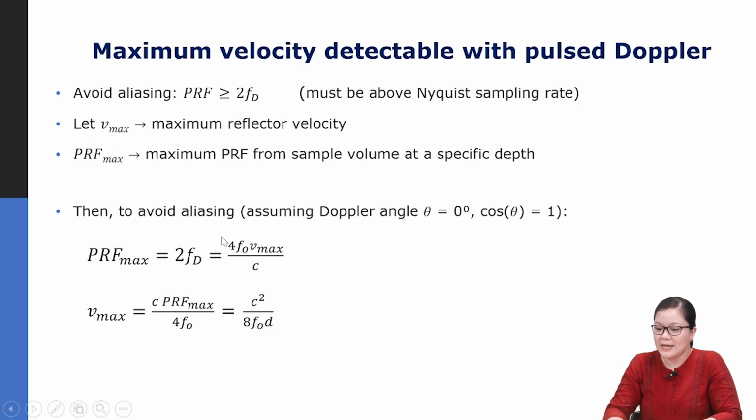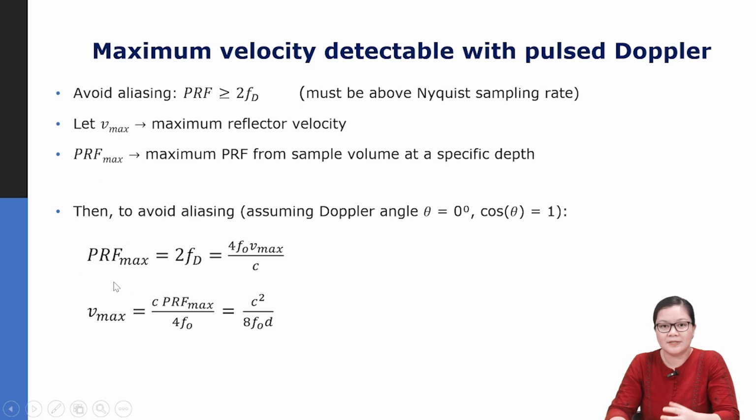To avoid aliasing, let's assume a Doppler angle of 0, meaning the flow is moving directly towards the transducer. If the Doppler angle is 0, then cosine of 0 equals 1, and you get the maximum velocity when the reflector is moving directly towards the transducer.